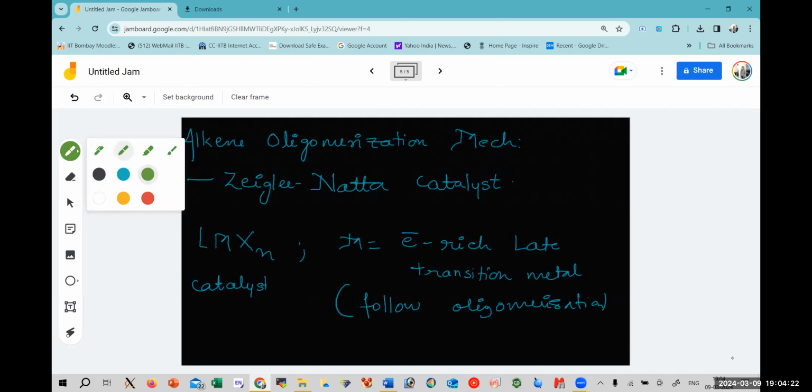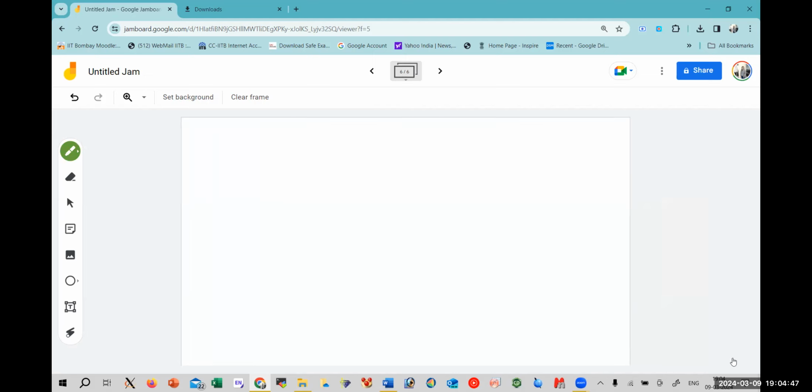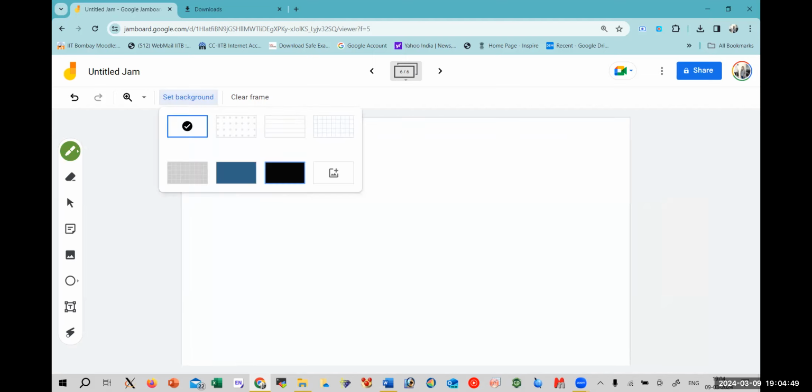And if you have a metal that is electron deficient, an early transition metal, then it would follow polymerization. So we'll see one example.